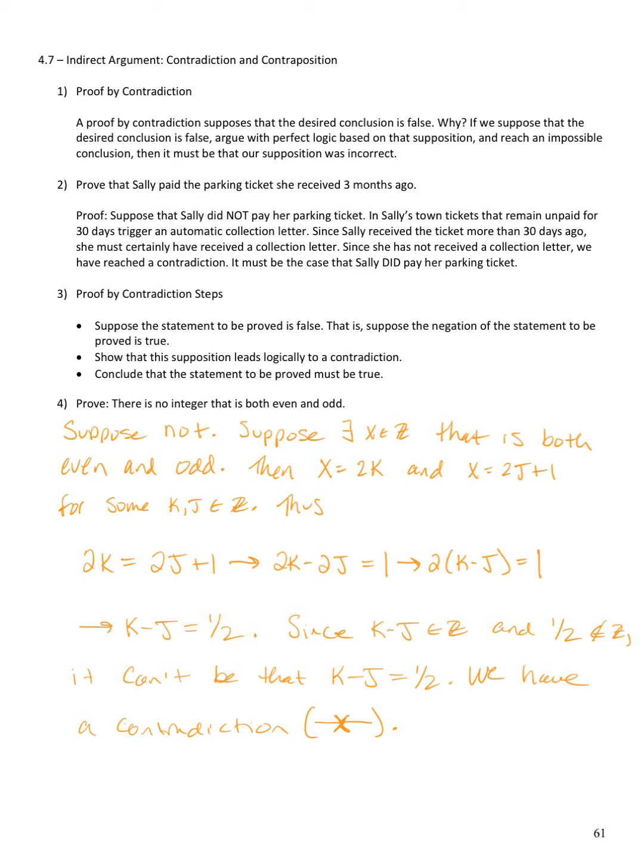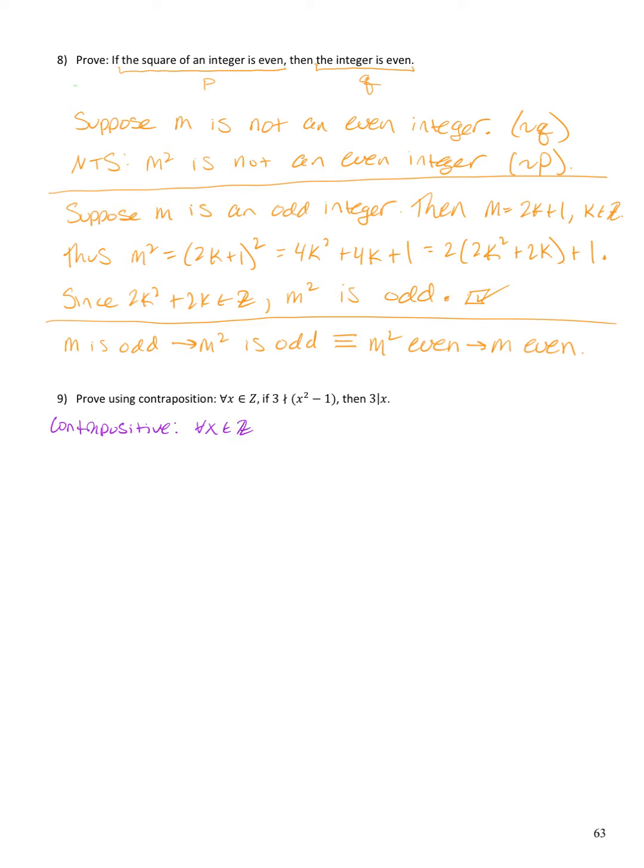It says that for all x in Z, if not Q, so if 3 does not divide x, then not P would be 3 does divide x squared minus 1.